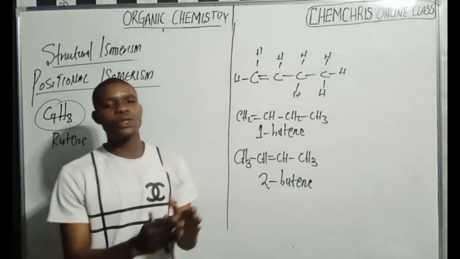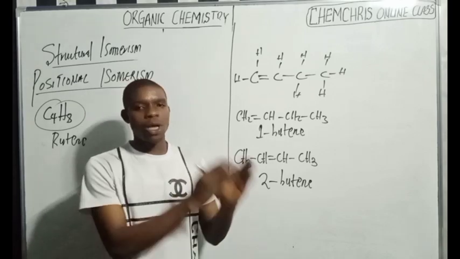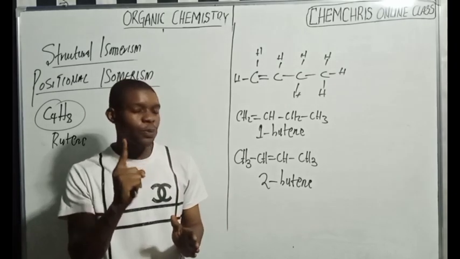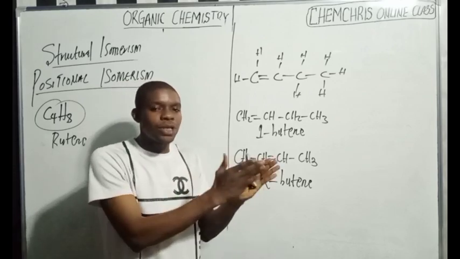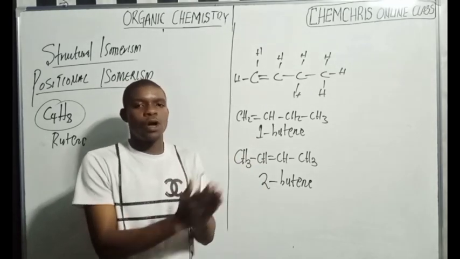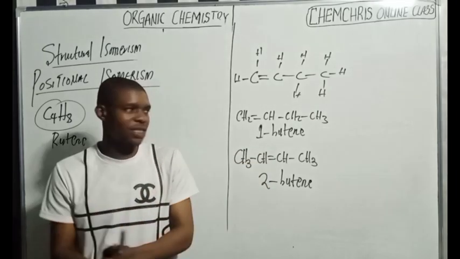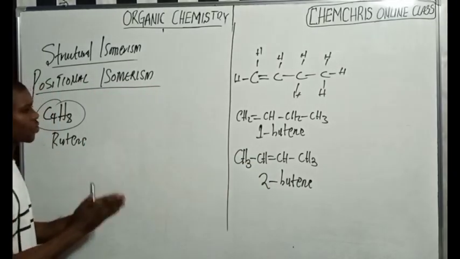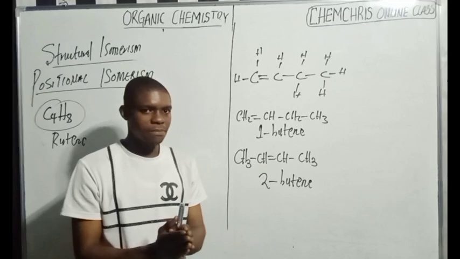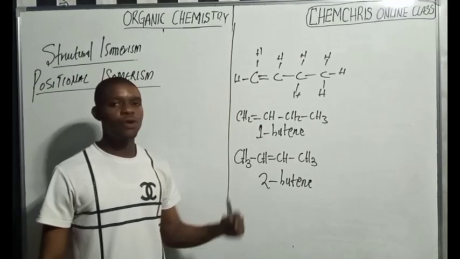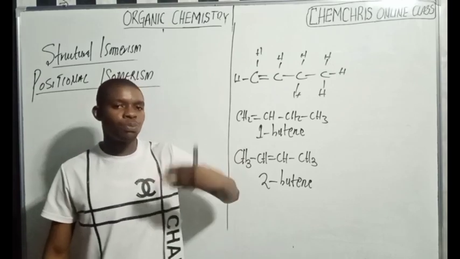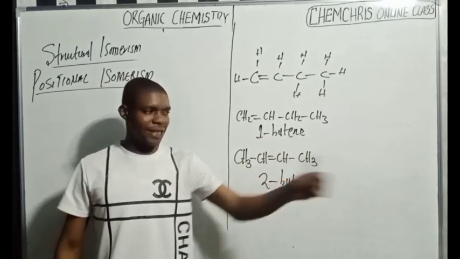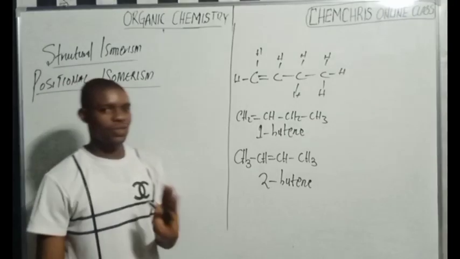Now, like I said, positional isomerism means they have the same molecular formula and functional group, but differ in the position of the functional group. You can have it when it's three, when it's four, depending on the number of carbon atoms. Just move on and on. So that is positional isomerism.